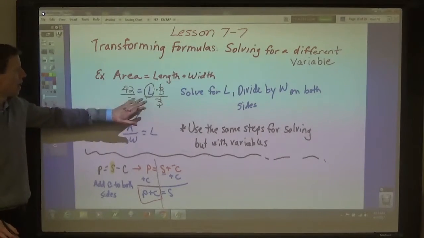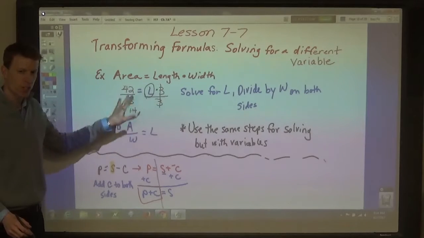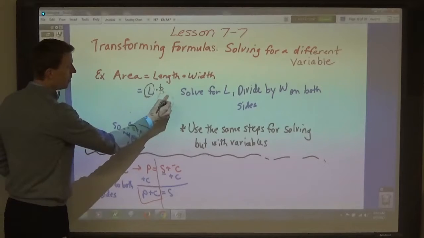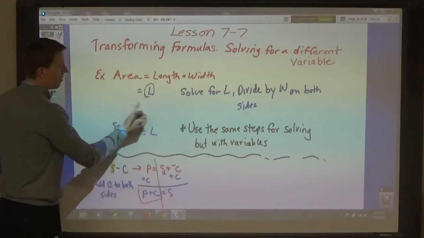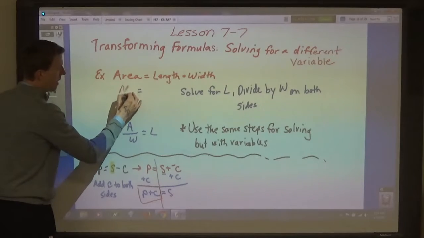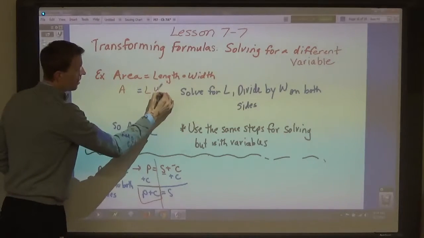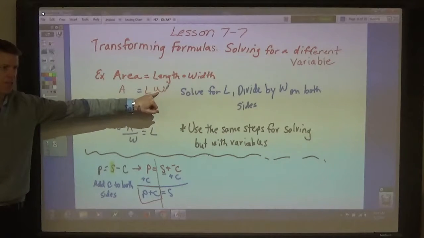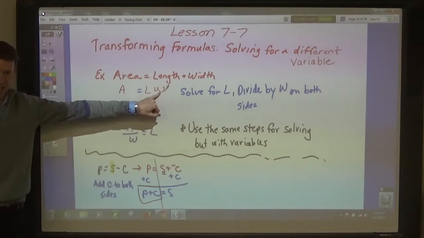Now, that would work for any combination of numbers. And so, if it's a formula, we could write it as A equals L times W. And then instead of dividing by 3, we can use the letter and divide.